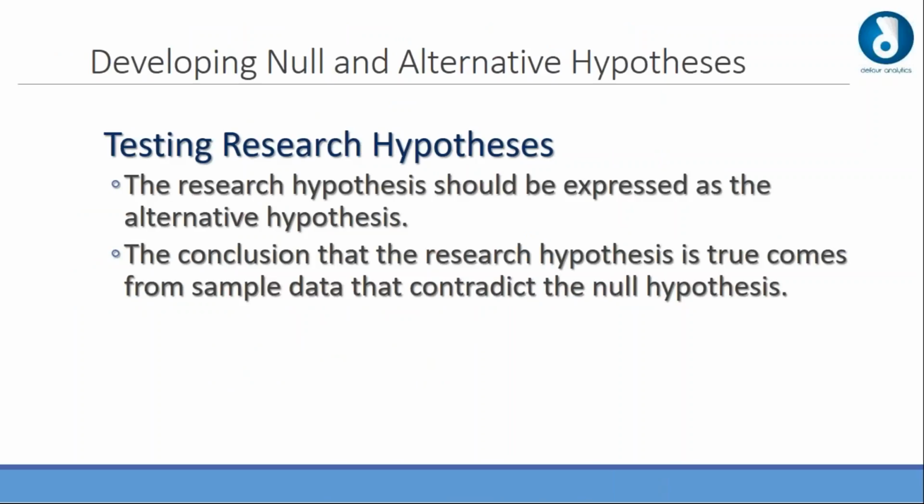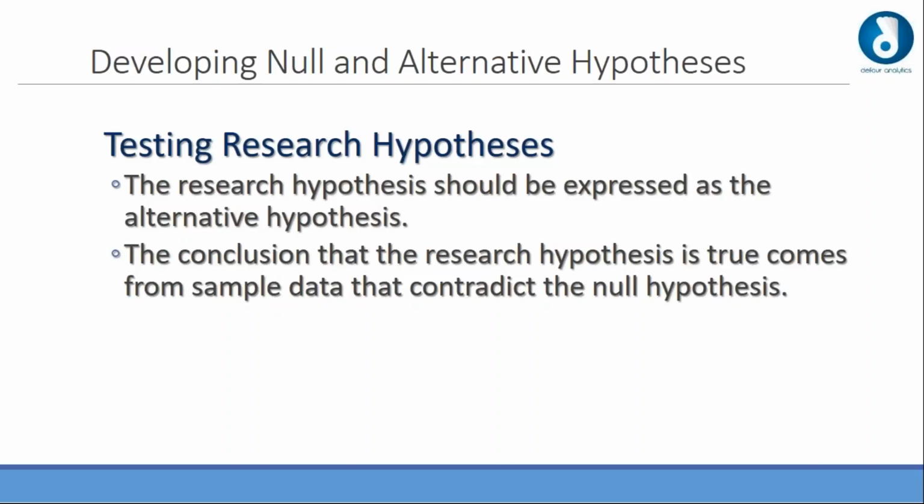So how to develop the null hypothesis and alternate hypothesis? There are three types of cases. For a research hypothesis, the alternate hypothesis should be that hypothesis which is new, which has been our research work.